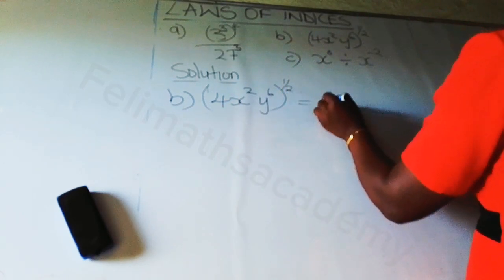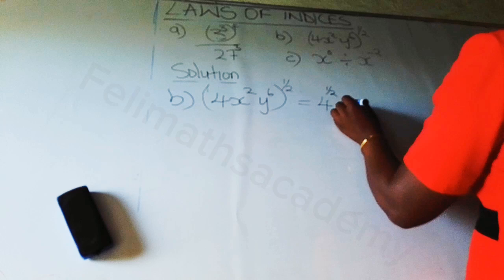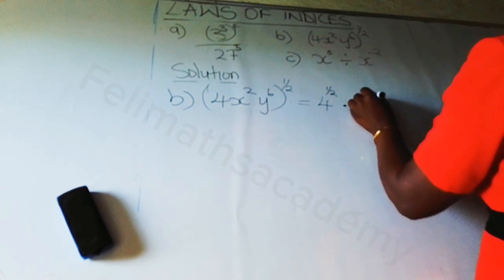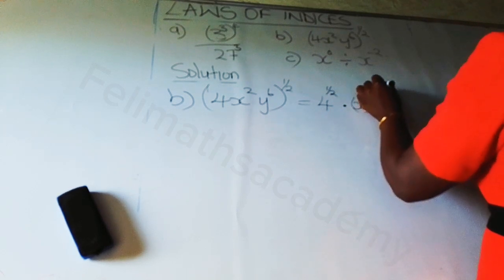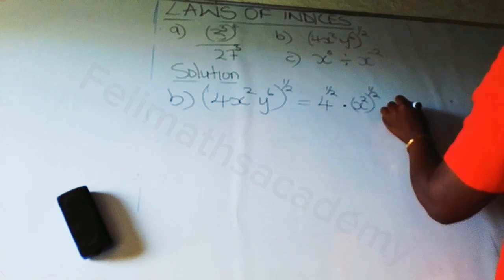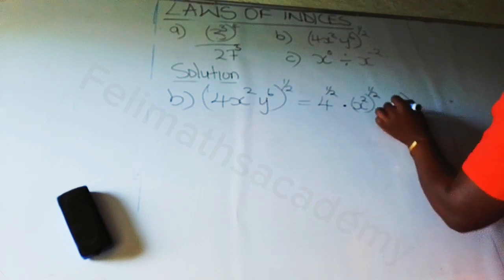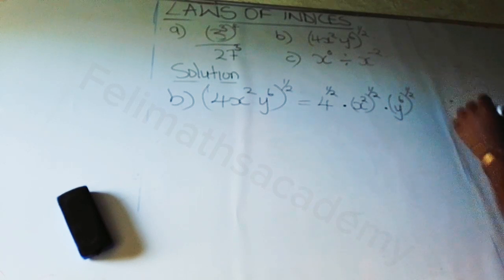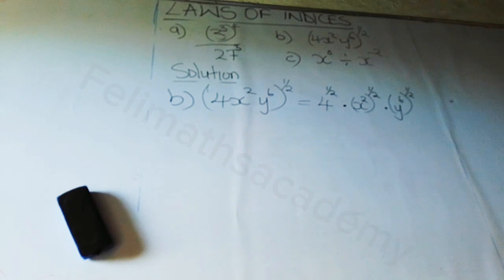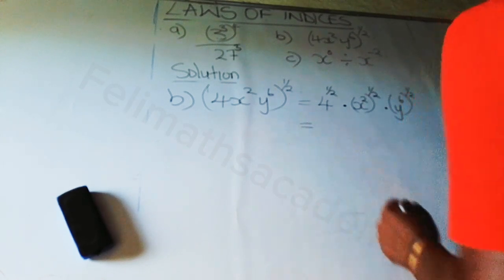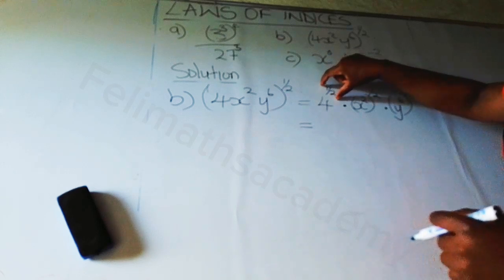So it's 4 to the power of half times x squared to the power of half times y to the power of 6 to the power of half. Remember, these are fractional indices.